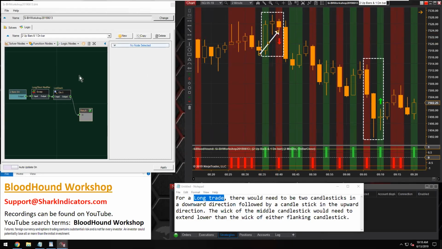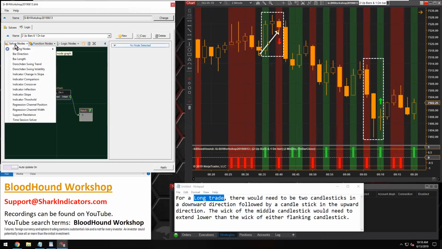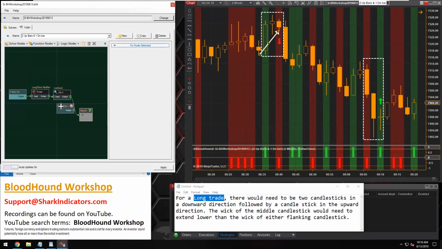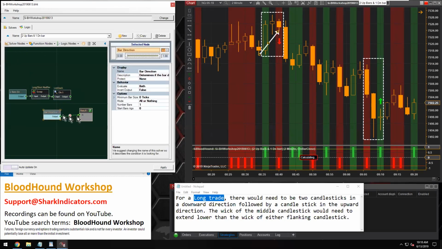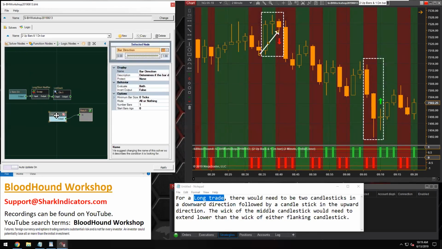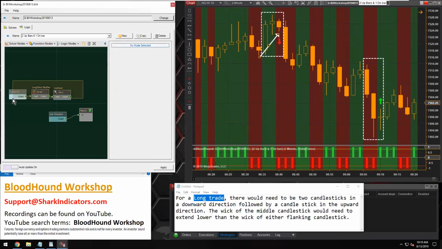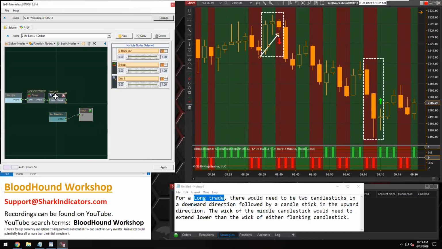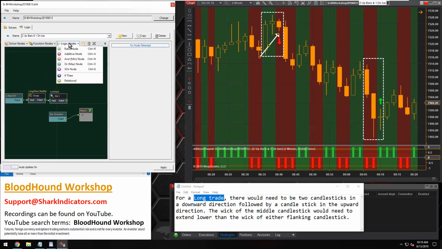And so now we need another bar direction solver, right? And if we just take a look at this standard bar direction solver, it is giving us a short on this short bar. So let's see here. So now let's join these together with an AND node.